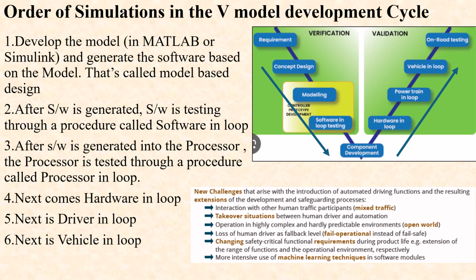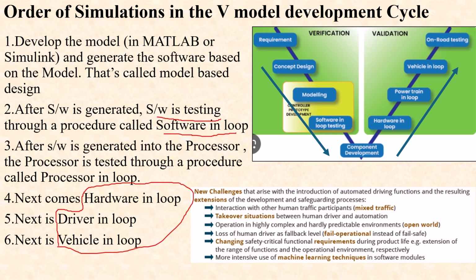But for now, keep in mind that model based design is based on a model developed in MATLAB or Simulink. And after the software is generated, it is tested through a procedure called software in loop. Next comes processor in loop, hardware in loop, driver in loop and vehicle in loop. All these in loop testings I have very clearly explained in the concerned chapter.